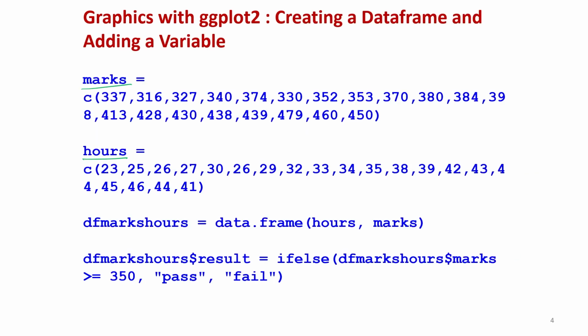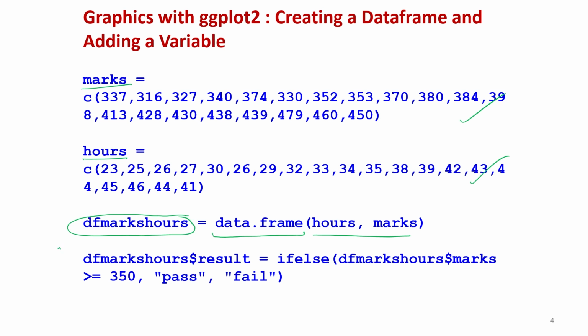And based on that, I create the data frame using the command data.frame using these two variables, hours comma marks. And I give it a name here as df_marks_hours. df means data frame.